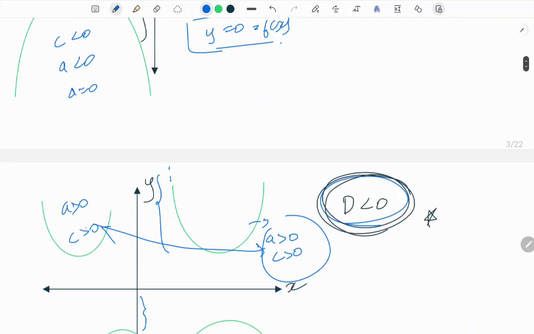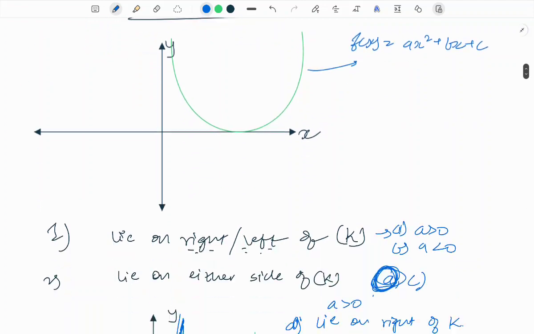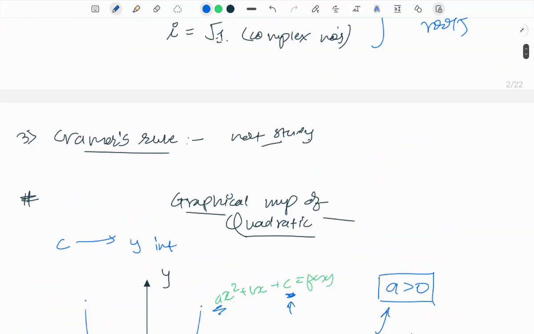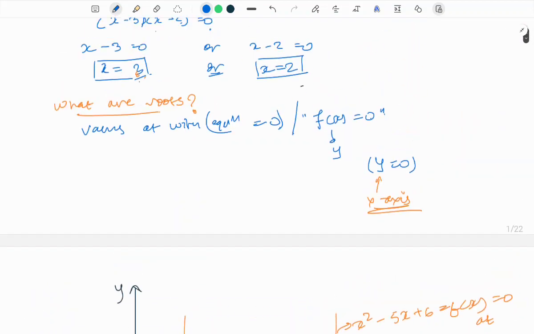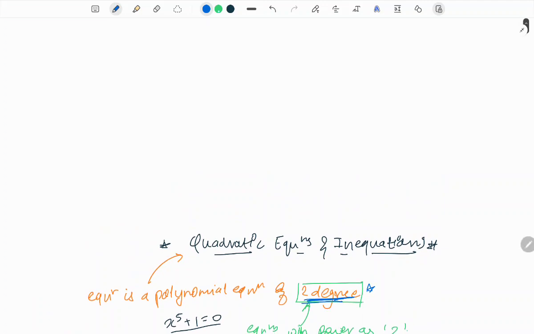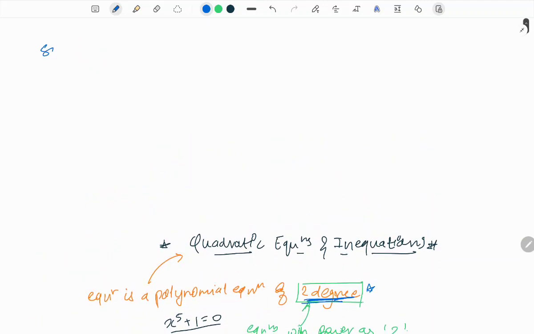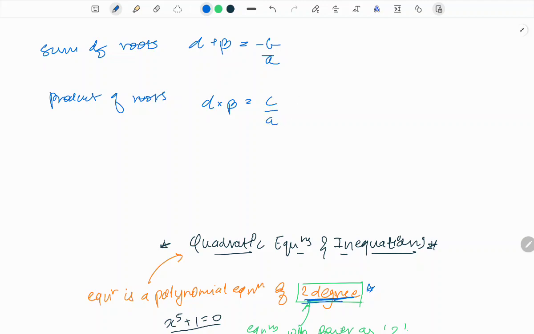And something to note about these constants that I should have said earlier: the sum of the roots, alpha plus beta, is equal to minus b by a, and the product of roots, alpha into beta, is c by a.